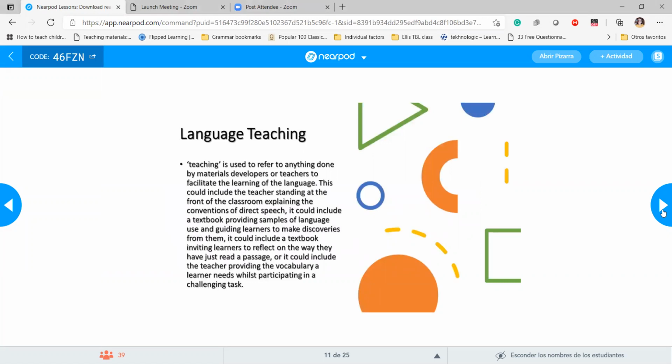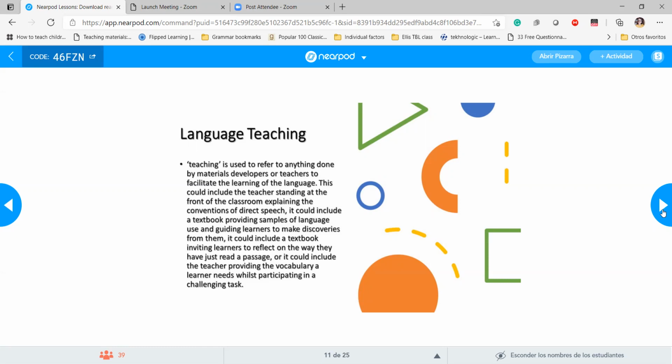So in this particular scenario, we're also going to be talking about language teaching. But in this case, we're going to focus on the process of teaching, referring to anything done by material developers or teachers to facilitate the learning of the language. Okay, so this can include the teacher standing in the front of the class and explaining in direct speech.